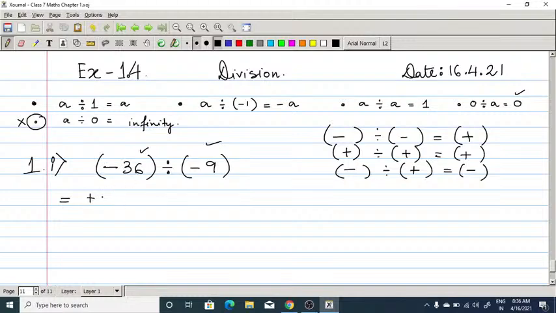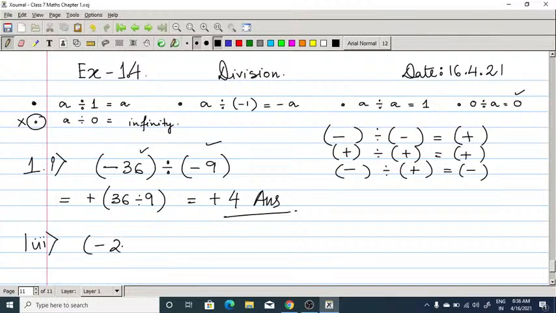Then you divide the magnitudes, so that will be plus 4. Now let us do question number 1, subpart 3. In subpart 3 you have minus 270 divided by 27. One number is negative and the other is positive, so the answer will be negative.